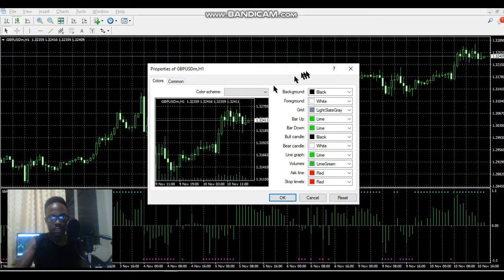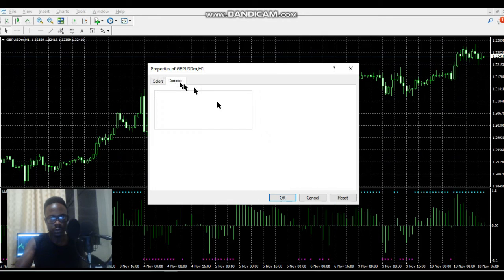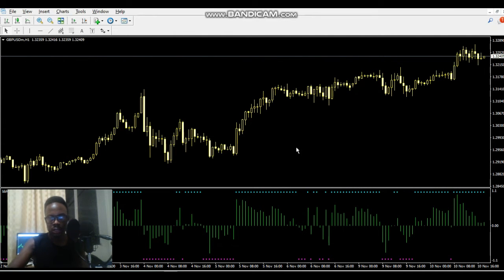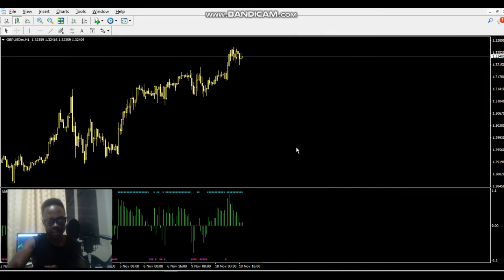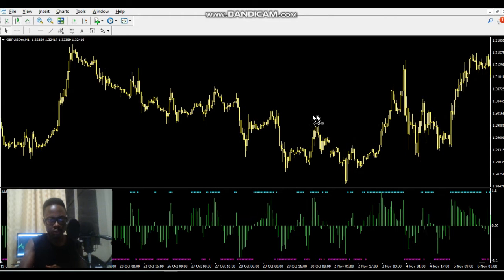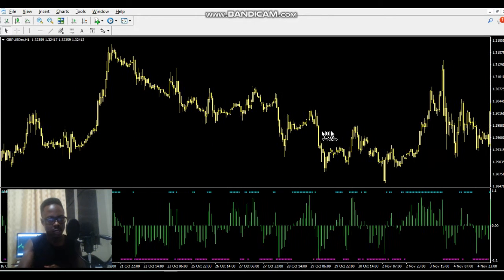I don't like the grid as much. Let me take yellow and black, and then common, just show us the line, which is the spread. Remove grid. Okay, now that's it, clean. It looks so clean to me. I hope it is also clean to you guys as well.